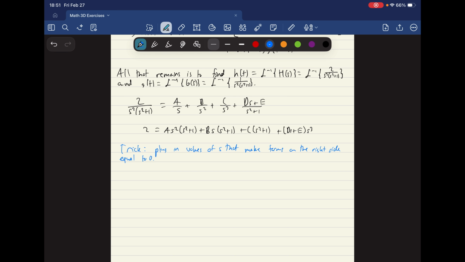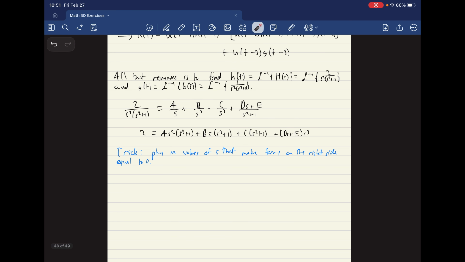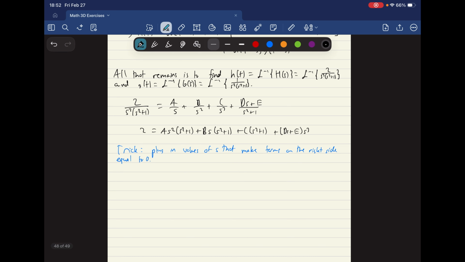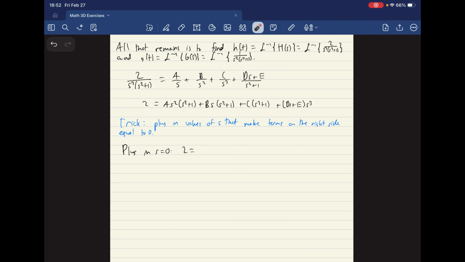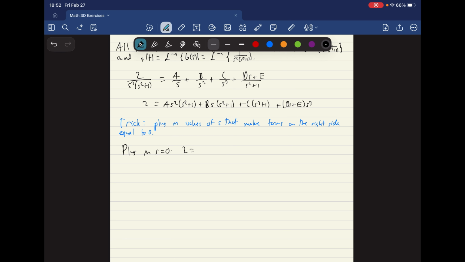What do I mean by that? Notice, for example, that if I plug in s equals 0, then because of this s squared here, this whole term will be 0, this term will be 0, this term will be 0, and only this term will not. So if I plug in s equals 0, I get 2 equals, well, this will be 0, 0, 0, and then 0 squared plus 1 is 1, so I'm just left with c.